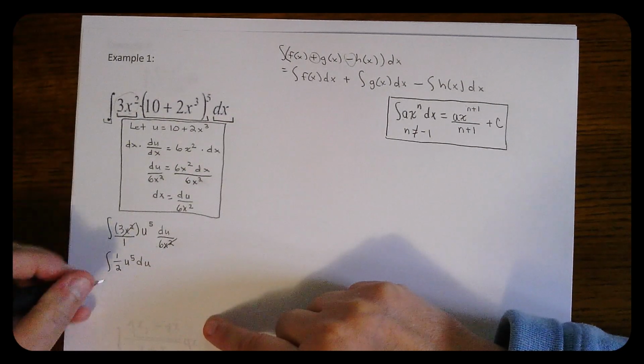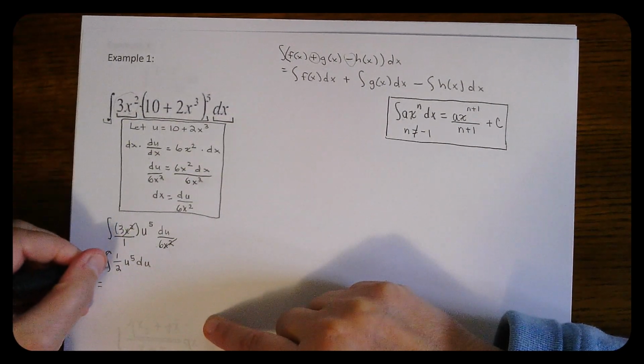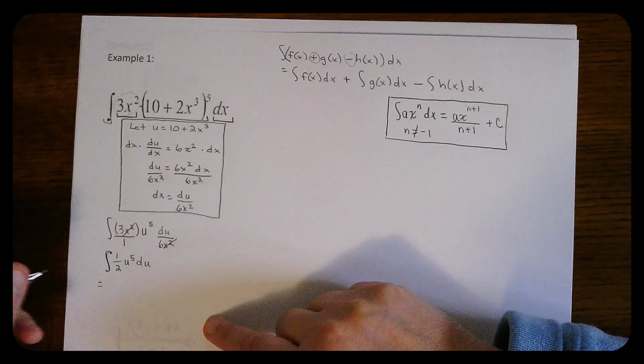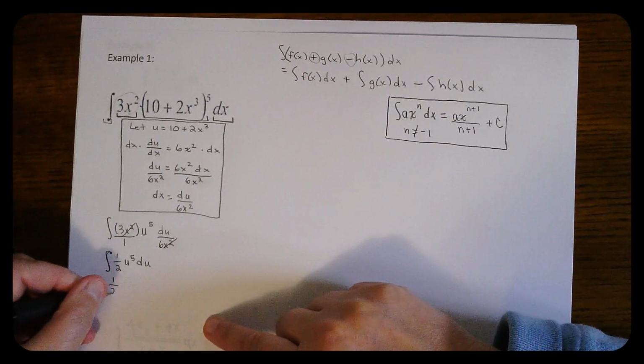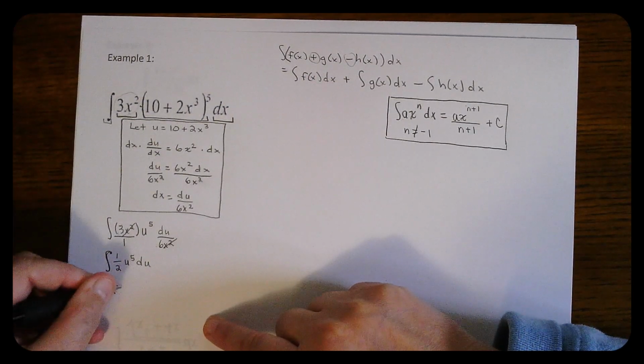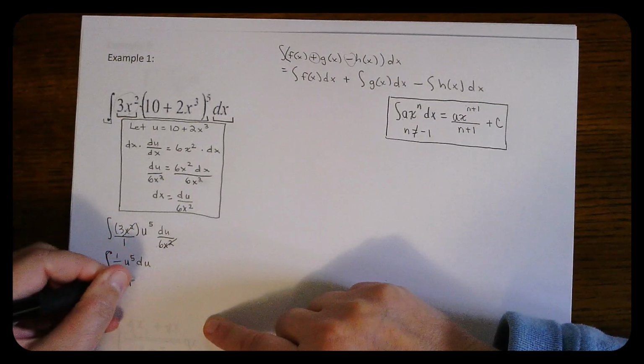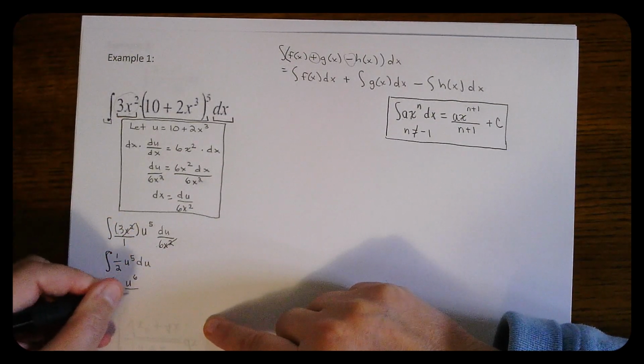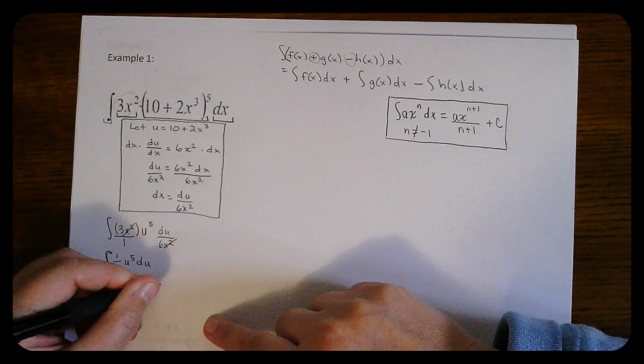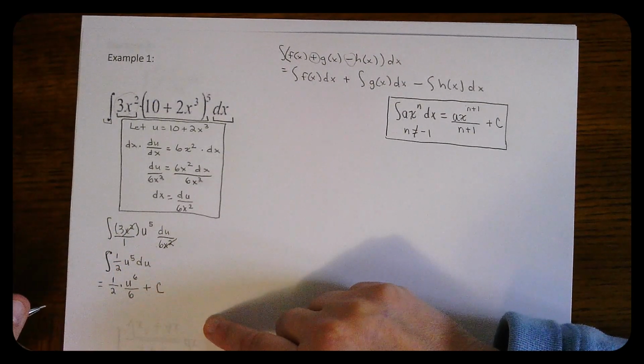So now we're going to take the antiderivative. This integral sign is going to go away because I'm taking the antiderivative. So 1/2 comes down, and then we're going to add 1 to 5. That's 6, and then you're going to divide by 6, and this is an indefinite integral, so plus c.